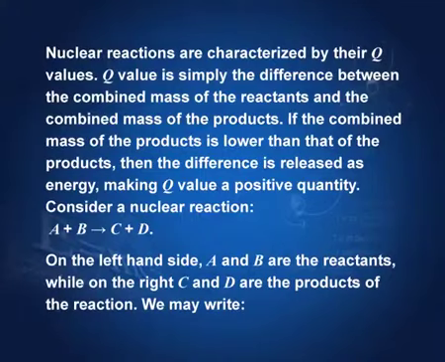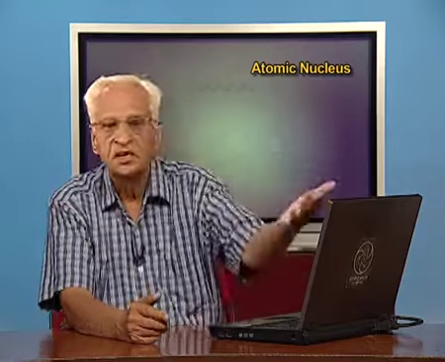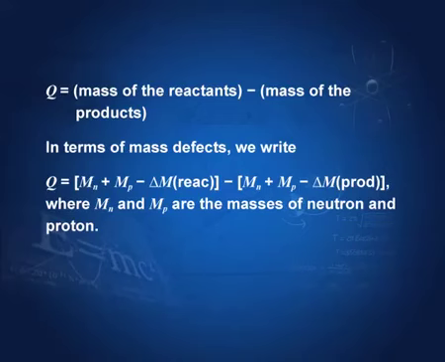In this reaction, A plus B equals C plus D, these are the reactants, these are the products, and the difference in the mass of the reactants and the products multiplied by c squared gives us the Q value. Let us see this Q value in terms of the binding energy and the mass defect. We have seen Q is mass of the reactants minus the mass of the products, and we have already seen that in a nuclear reaction the number of protons and neutrons remains conserved.